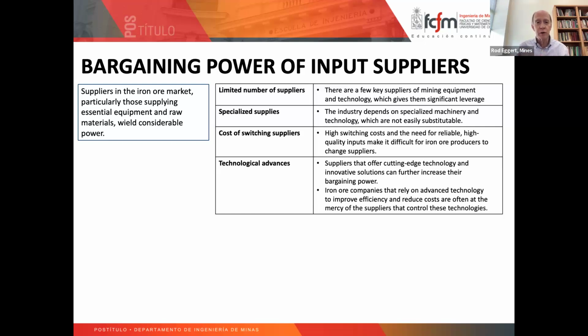And the point you've just raised is very relevant for corporate strategy, but strictly in terms of the Porter framework, you've analyzed it, I think, correctly on this slide, looking at the suppliers to the iron ore business.